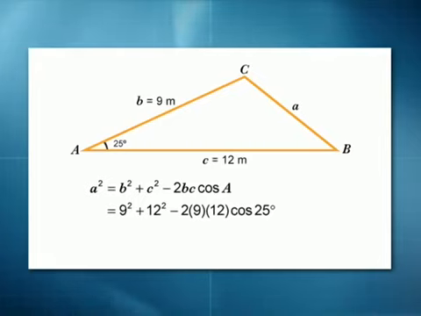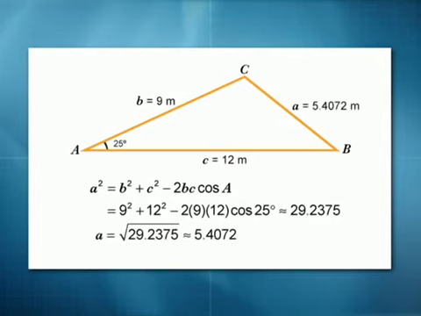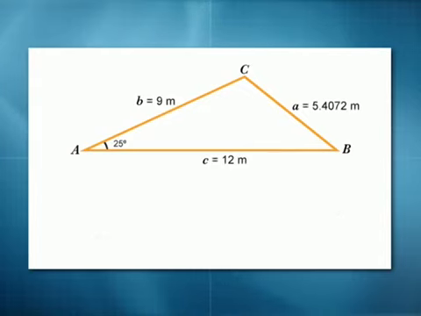A was given to be 25 degrees, and you end up with about 29.2375. That's a squared. So take the square root, and it's about 5.4072. Okay, we now know all three sides of our triangle, don't we?